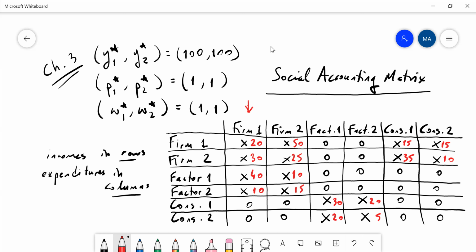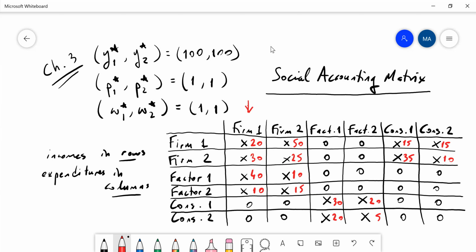Then for the first factor pays 40 units. For the second factor pays 10 units. So the total here is what? 100, right? Now this expenditure must be equal to the firm one's income. And look at the number here, 20, 70, 85, 100.